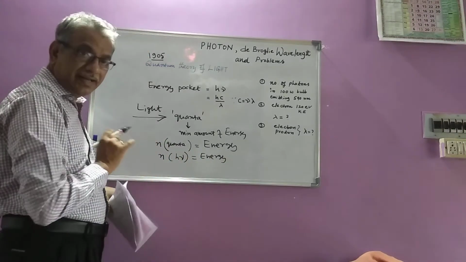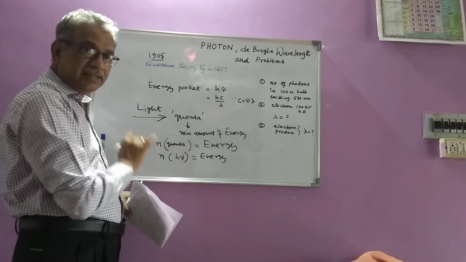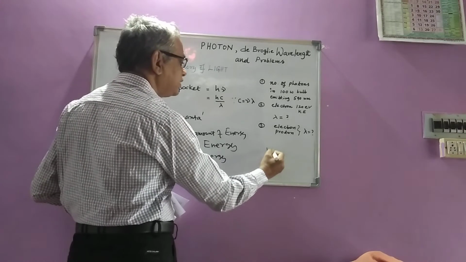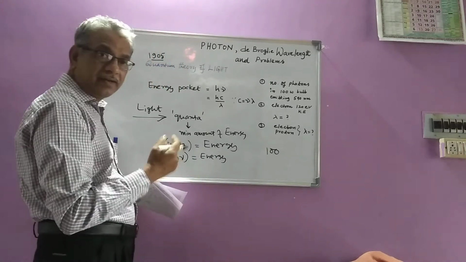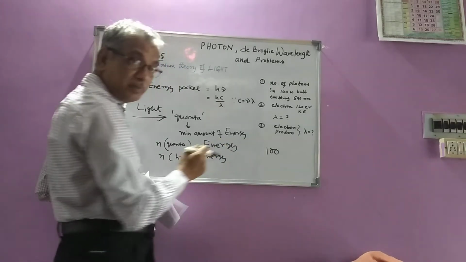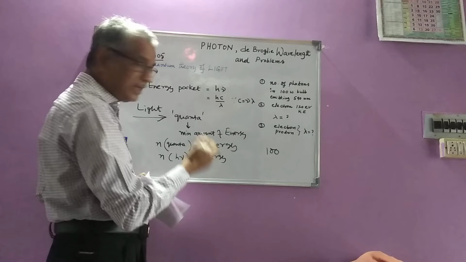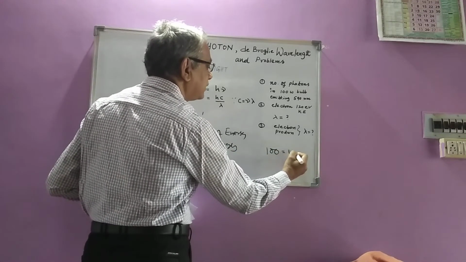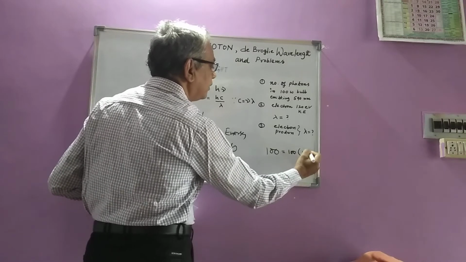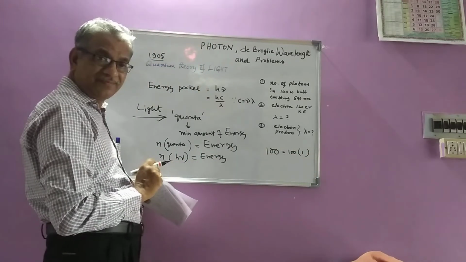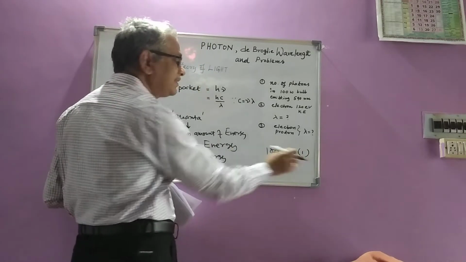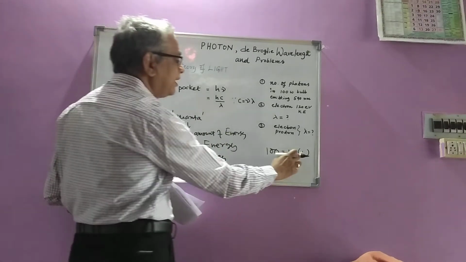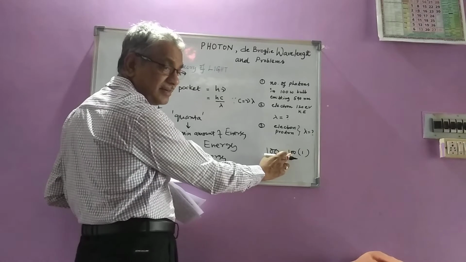So we can easily understand this. If I have got 100 rupees in my hand, this 100 rupees can be told as equivalent to 100 times of 1 rupee. This 1 rupee is the minimum amount, 1 rupee multiplied by n, 100.